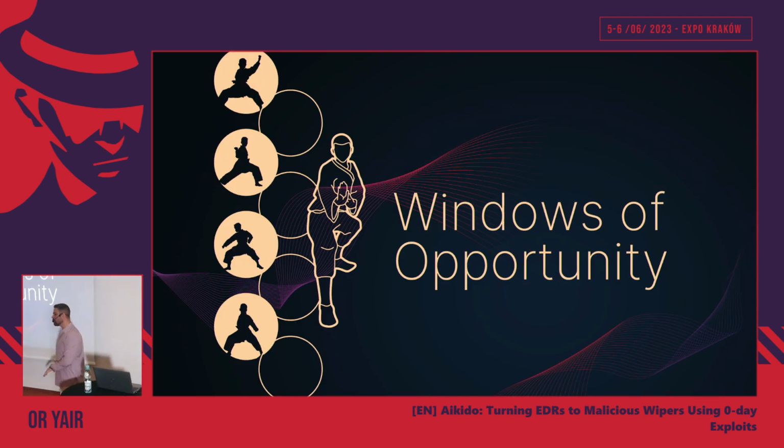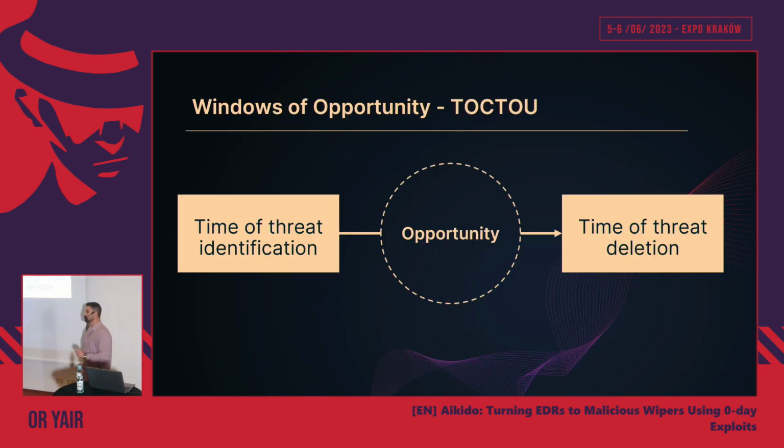But even knowing that I'm going to use them, I still needed to find the right window of opportunity, find the right time, and understand exactly how. And in order to get to that, I had to first understand the file deletion process by an EDR. There are 2 crucial events in that process.